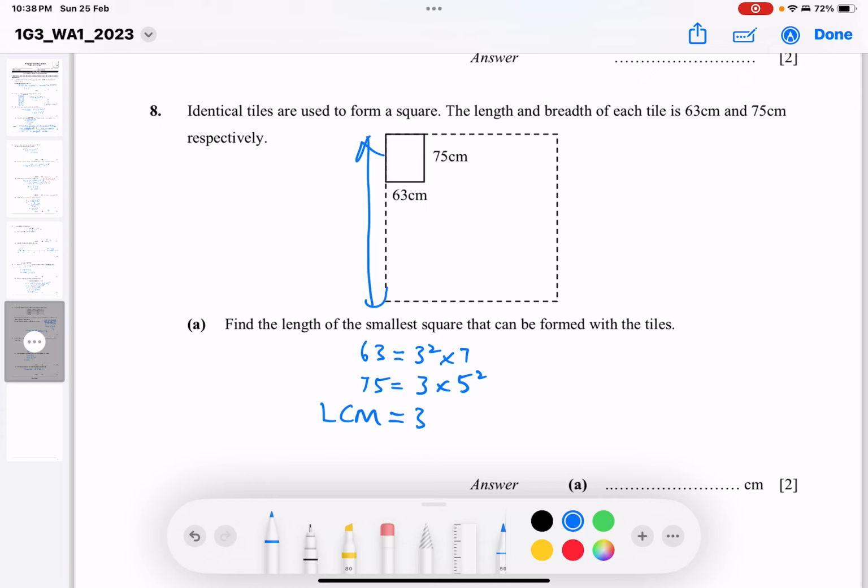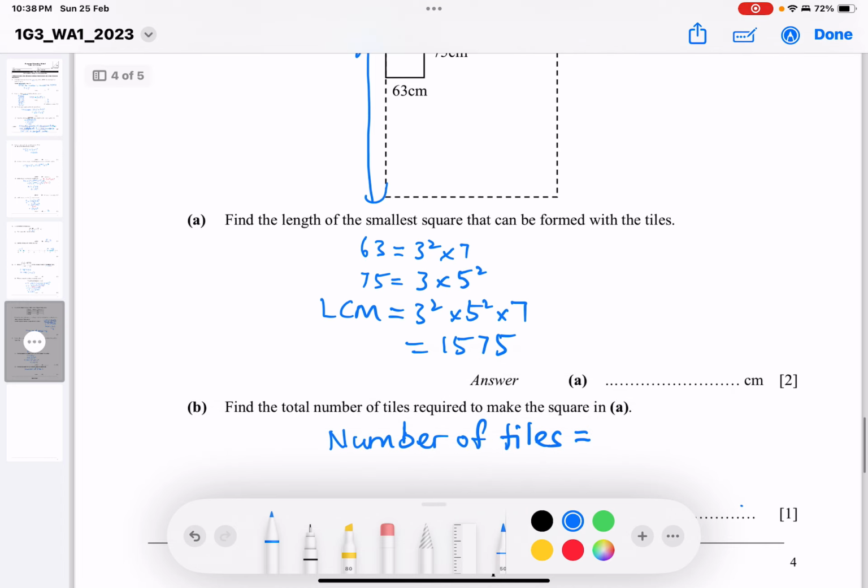So bigger power of 3, bigger power of 5, bigger power of 7. Right, that works out to be 1575. And now we need to find the number of tiles.